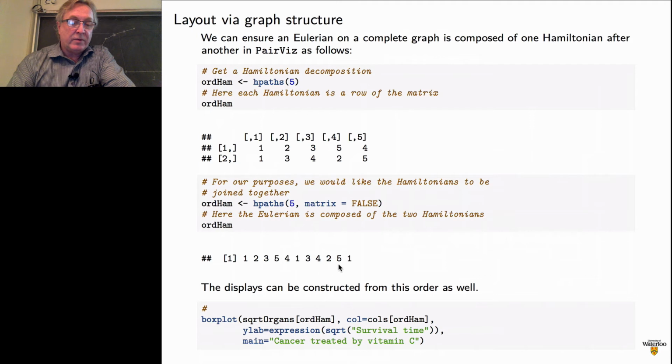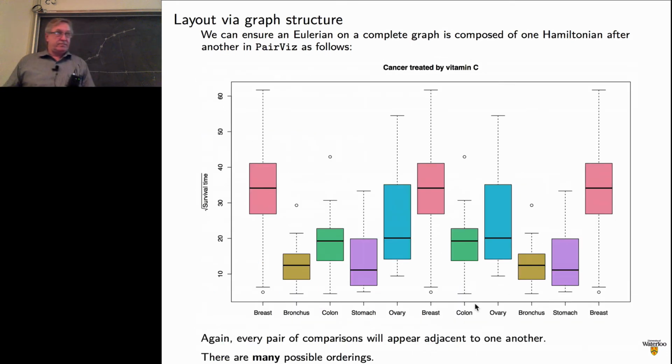And now do the same plot I had before, just use this order. And now this order has the virtue of all of the comparisons are there beside each other, and you see in the first 5 you'll see all 5 organs, and in the last 5 you'll see all 5 organs. And breast appears 3 times just to make all comparisons appear to get the cycle to finish. Okay?